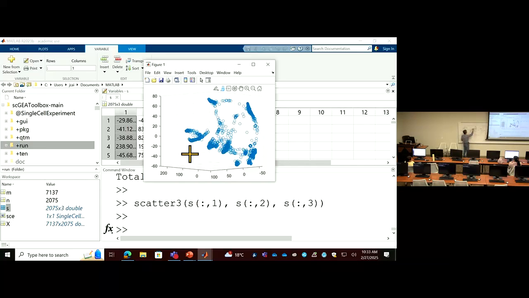And in our example there are 2,075 cells. So the output of k-means will be a long index. How long is this index? It's 2,075 numbers, just 1, 2, 3. If the first cell is in group 2, you have the number 2.